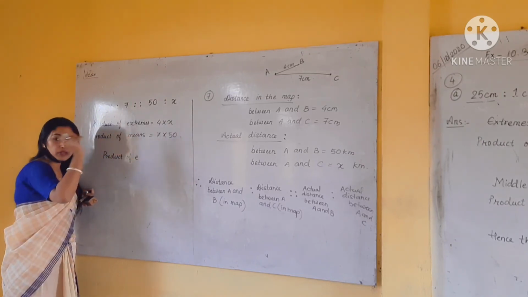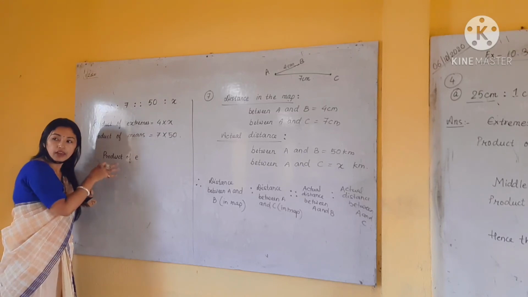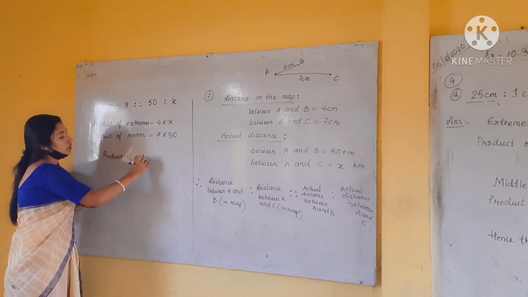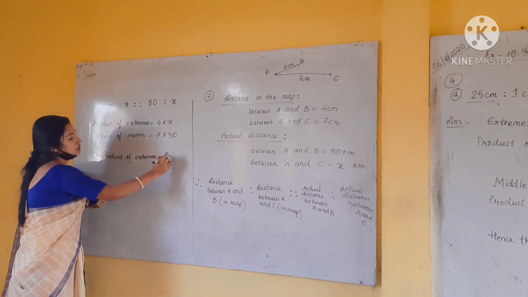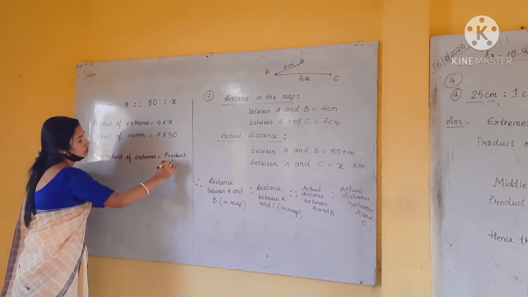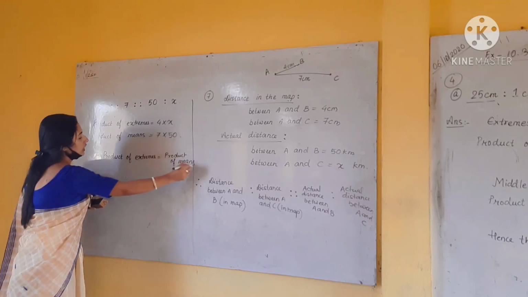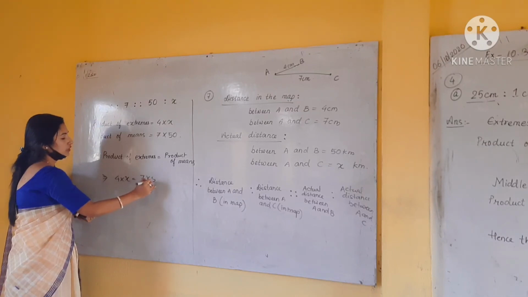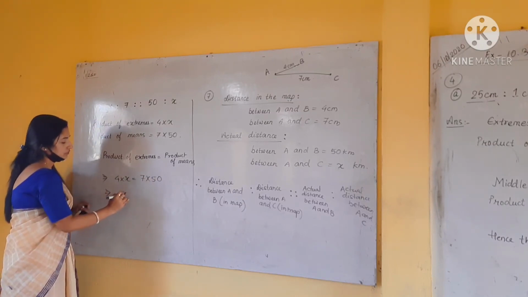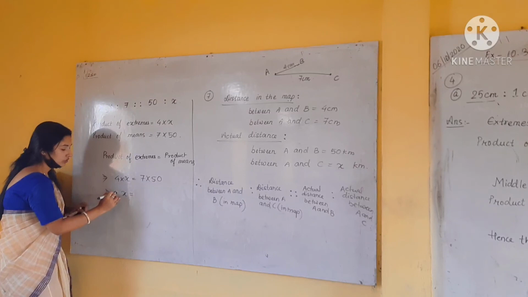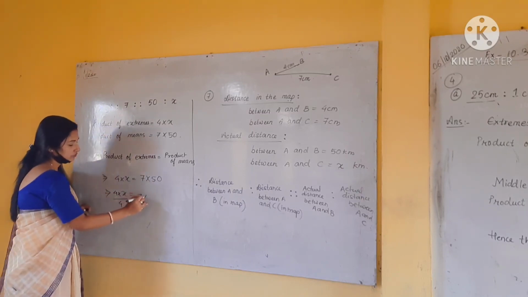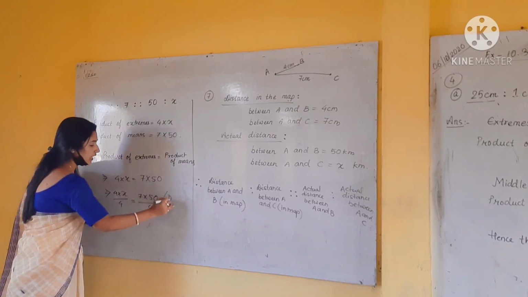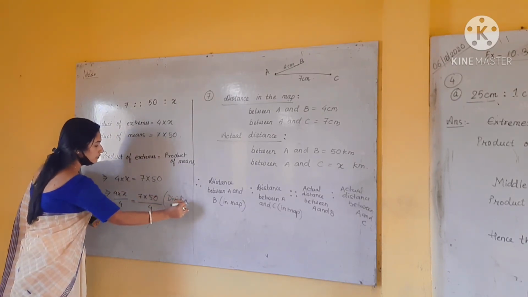Remember, you have to keep the unknown in the left hand side always. So that will be 4 into x is equal to 7 into 50. So next we have to divide by 4. You have to write dividing both sides by 4.